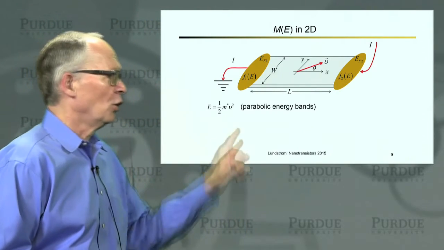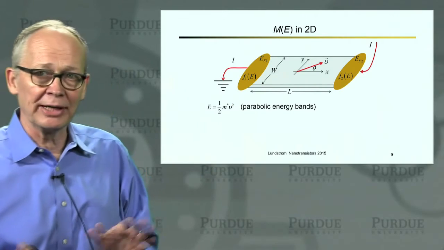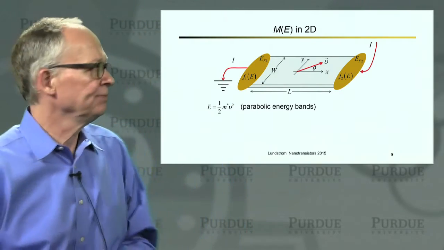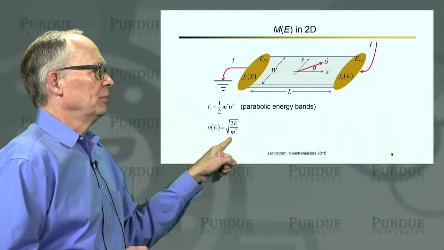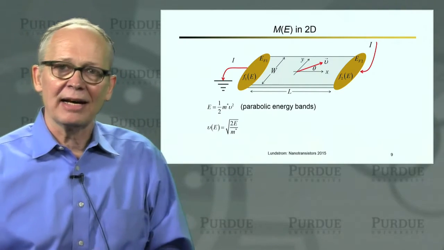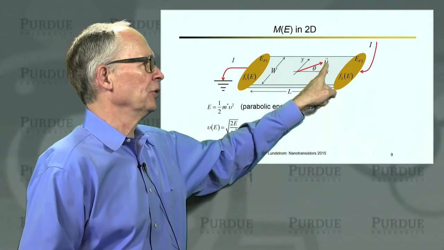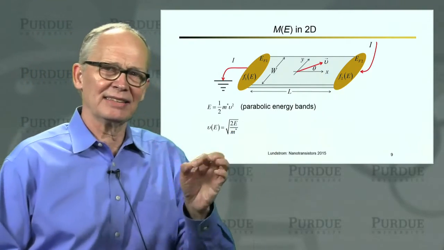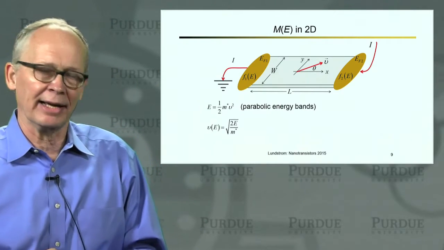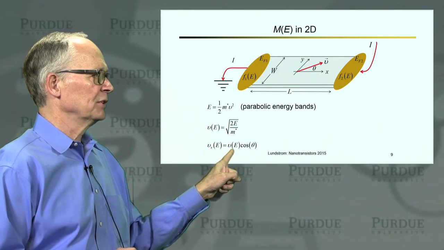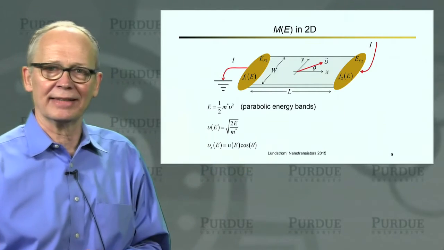Okay. So let me assume that I have simple energy bands, so energy is 1/2 mv squared. So at any given energy, I can compute the magnitude of the velocity if I know the effective mass. But the velocity is pointing at some arbitrary angle theta. I'm interested in the x-directed velocity, so that's magnitude times cosine theta.